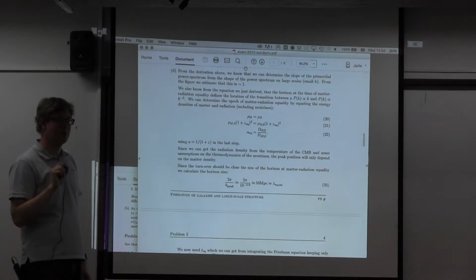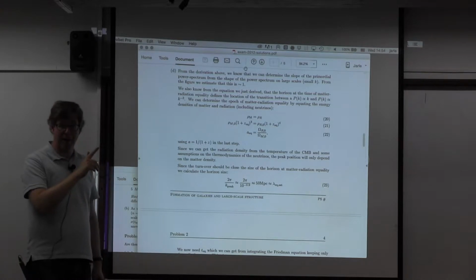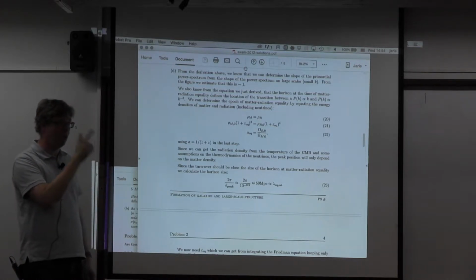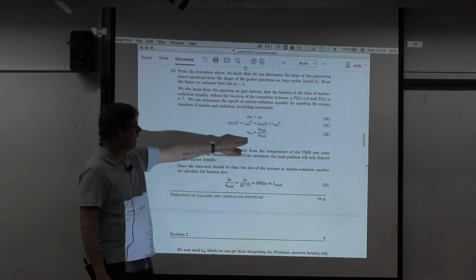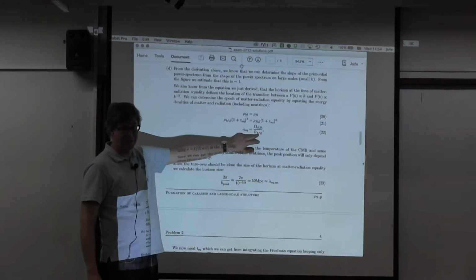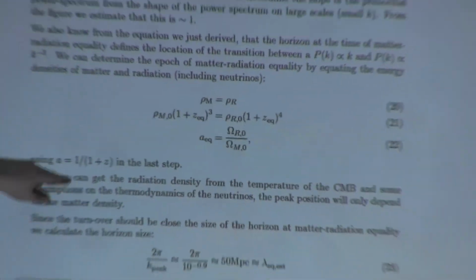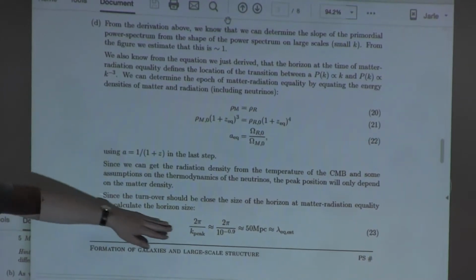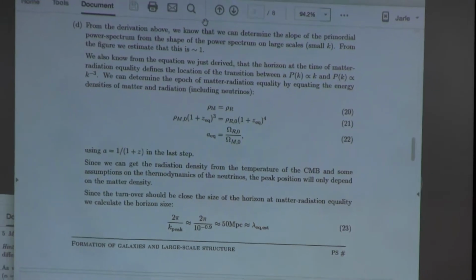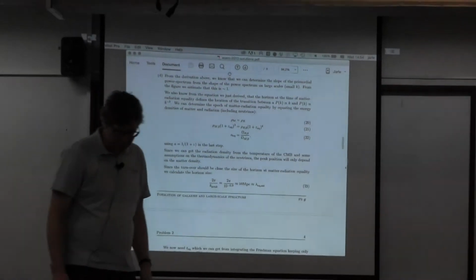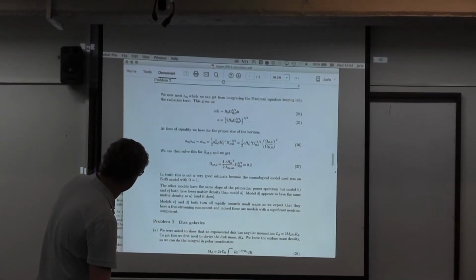But if you say that the temperature of the cosmic microwave background today was the same in all the different cosmologies I was plotting, then I can infer what the matter density is from this expression. And you can calculate the horizon size, and you can estimate which ones are the strongest, the highest density.